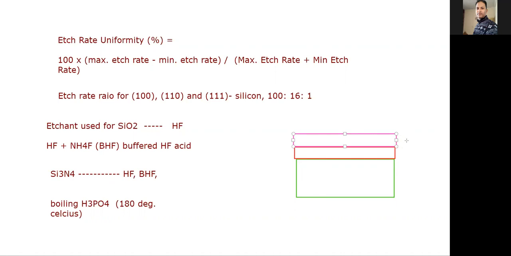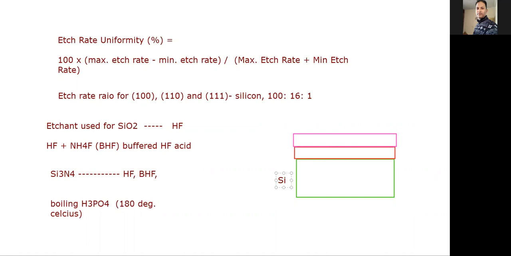In IC fabrication, it may happen on many occasions that there are adjacent layers made of different materials. The issue is if your etchant removes both types of materials.